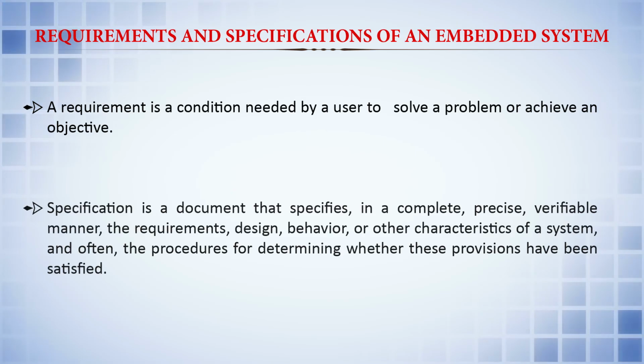But when you come to the specification, it is a document that specifies in a complete, precise, verifiable manner the requirements, design, behavior and other characteristics of a system, and often the procedures for determining whether these provisions have been satisfied or not.